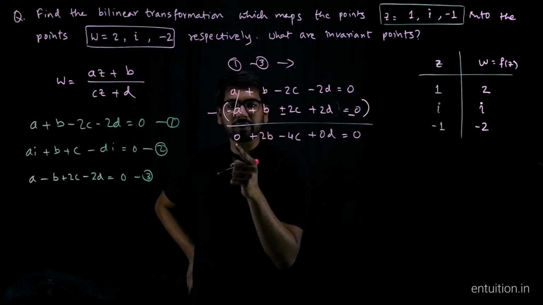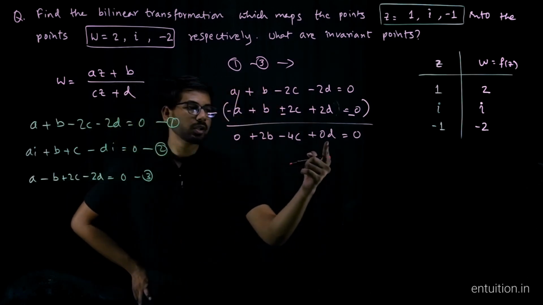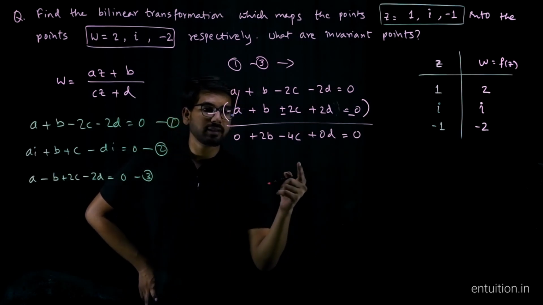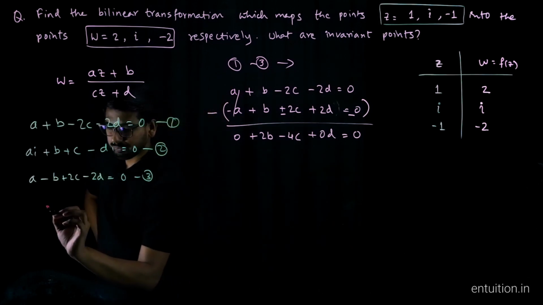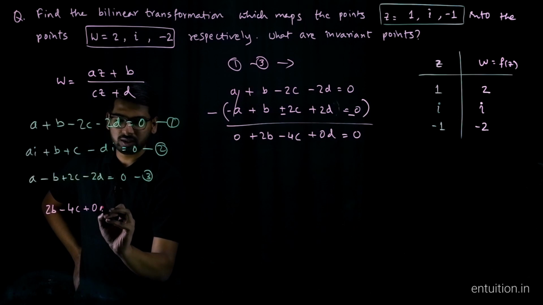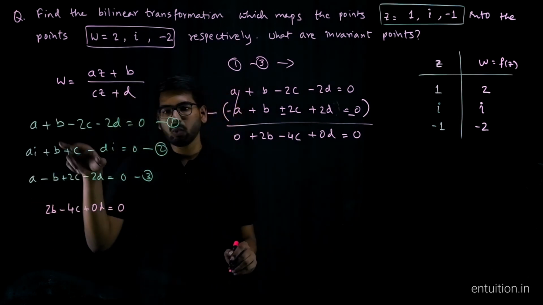So we eliminated a term and we got the equation in terms of b, c, d. I know the coefficient of d is also 0, but I will take it as 0d rather than just 0. So it is 2b minus 4c plus 0d is equal to 0. We have eliminated a using 1 and 3.